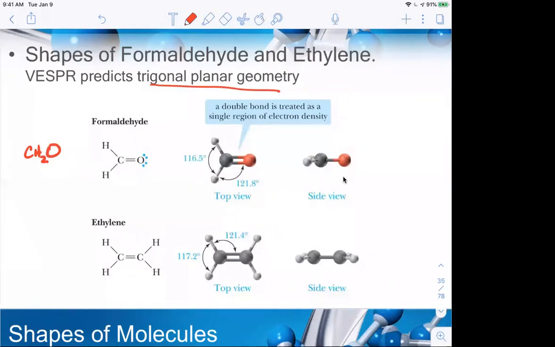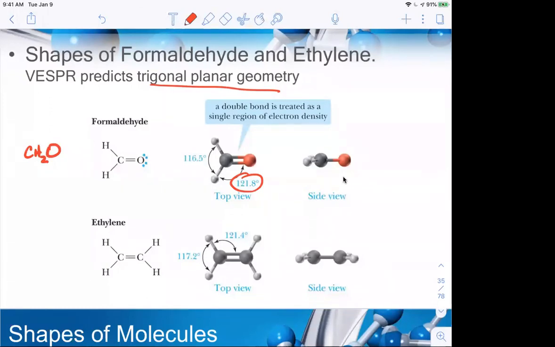All of the atoms are in the same plane. Notice this is just a little bit larger than what I would expect. Your typical angle is going to be 120 degrees. That's because atoms actually take space, and some atoms are larger than others. The oxygen is larger than the hydrogen, so it probably requires a little bit more space.